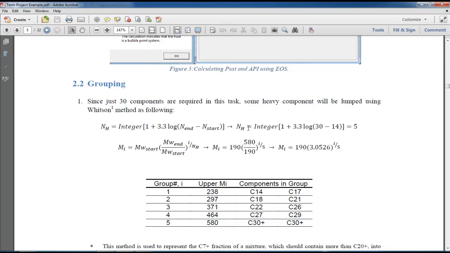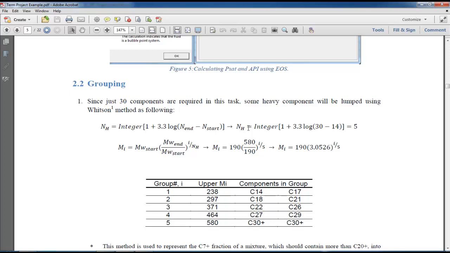Here, what we have done is use this equation, and in this equation you will be required to define where you will start and where you will end. This equation is used only for heavy components. For example, we are talking about lumping components from C7 until C30 plus.